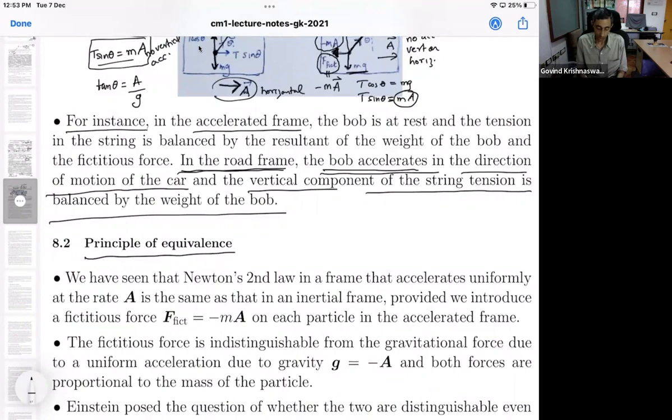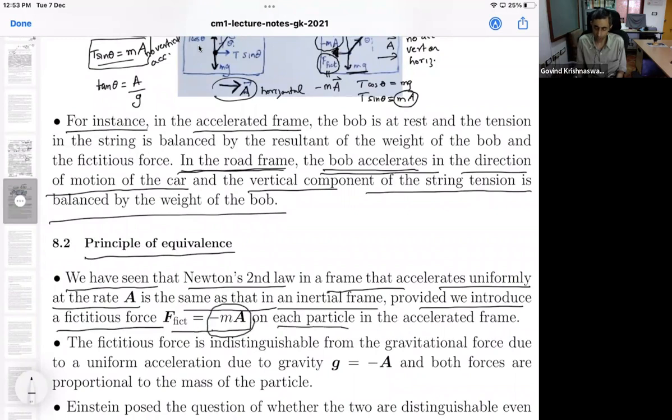What we have seen is that Newton's second law in a frame that accelerates uniformly at the rate a is the same as that in an inertial frame, provided we introduce a fictitious force F equal to minus ma on each particle in the accelerated frame.